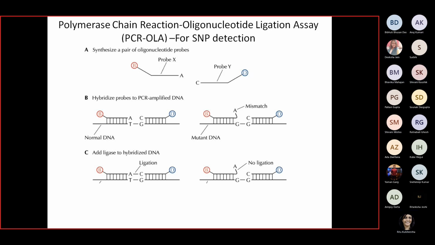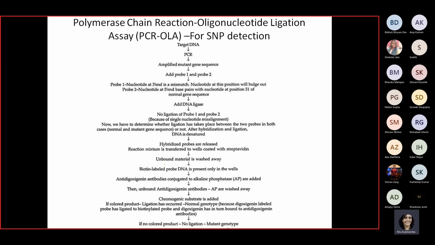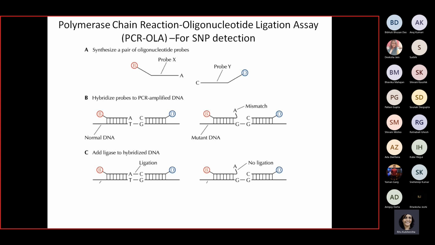Anyway, the description is given in this particular slide, and you can go through it. But at the same time, I want to tell you how sophisticated these are. The concepts are simple. You know the concept of hybridization, and you know that a phosphodiester bond is made between two adjacent nucleotides.